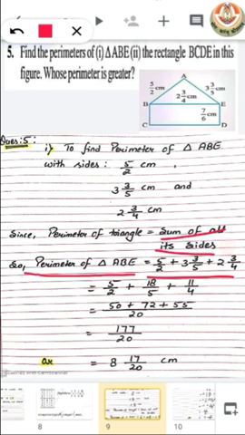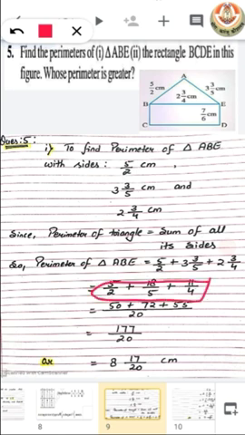Now for addition, we first have to convert these mixed fractions into improper fractions, as we had discussed prior. After converting all the mixed fractions into improper fractions, we find the LCM of the denominators, which are 2, 5 and 4, and we get 20 as the LCM.